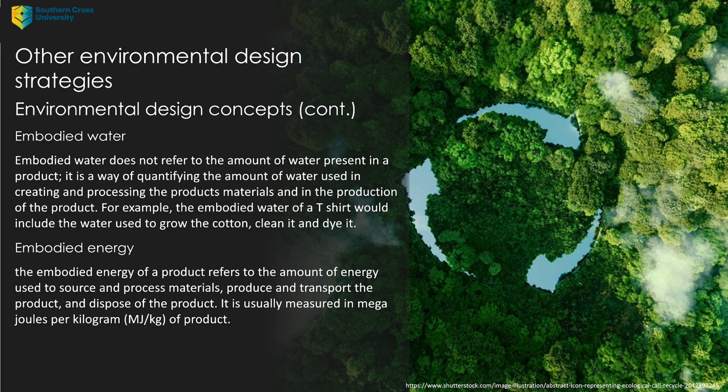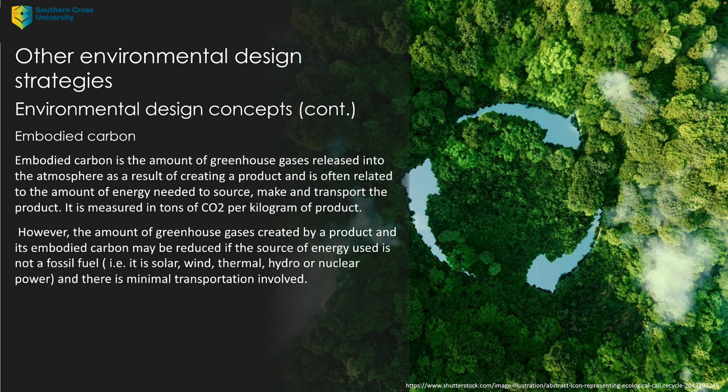Embodied energy. The embodied energy of a product refers to the amount of energy used to source and process materials, produce and transport the product, and dispose of the product. It is usually measured in megajoules per kilogram of product. Embodied carbon is the amount of greenhouse gases released into the atmosphere as a result of creating a product and is often related to the amount of energy needed to source, make, and transport the product.